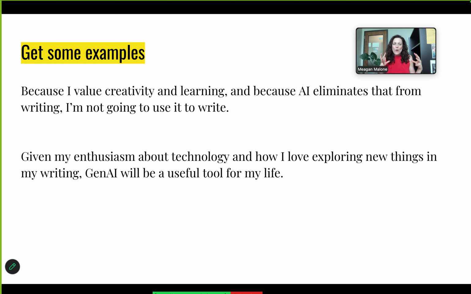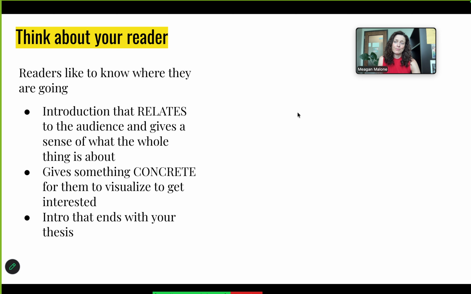So what you actually say here doesn't matter to me. It's that you need to have a thesis statement that accurately puts these two things together so that the reader knows what they're about to read and why they're reading about your values or how you use writing, and why they're reading about what you think about generative AI.